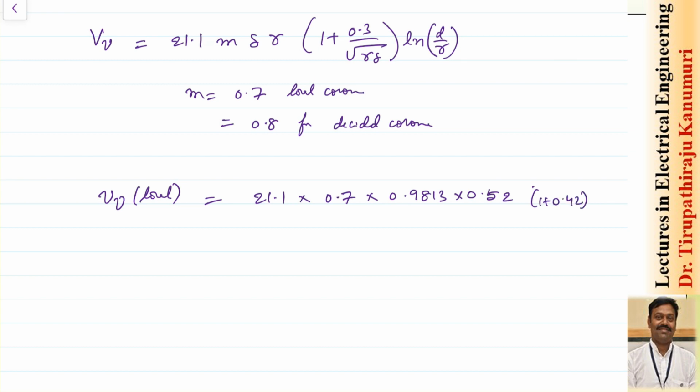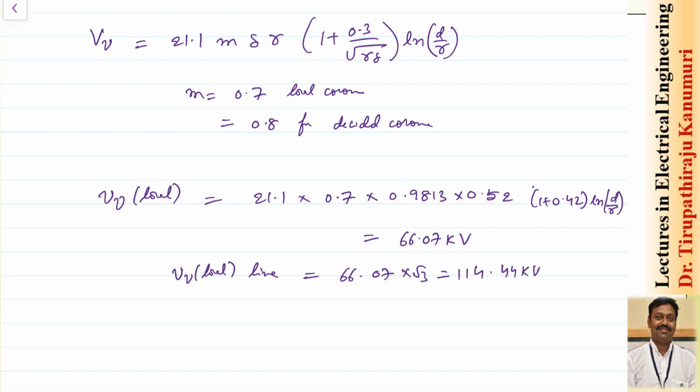If we substitute, this will become ln of the distance between the conductors divided by the radius. So if you substitute this, you will get your answer as 66.07 kV. So if you are to represent this as V_v local for the case of line value, the line value will be 66.07 into root 3. This will become 114.44 kV.